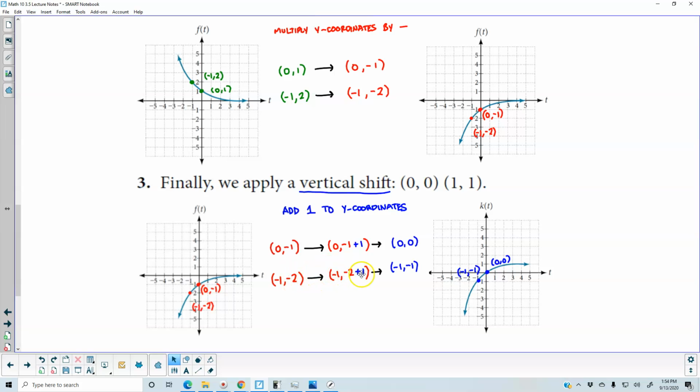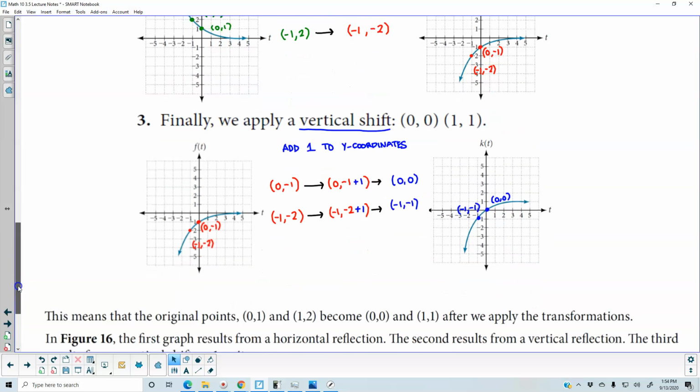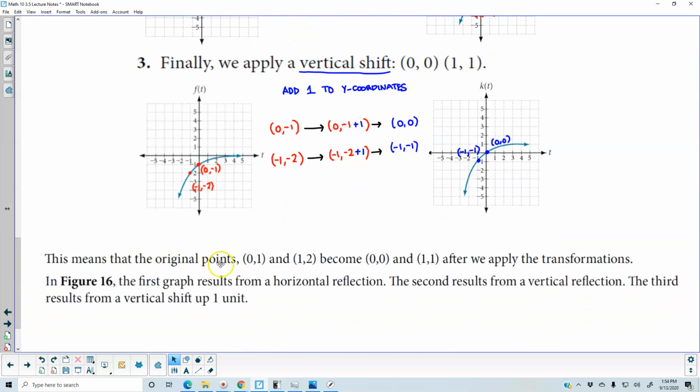Negative 2 plus 1 gives us negative 1, so we have (-1, -1). So now we have our final function with ordered pairs (-1, -1) and (0, 0). This means the original points (0, 1) and (1, 2) finally became (0, 0) and (1, 1) after we applied all of those transformations.